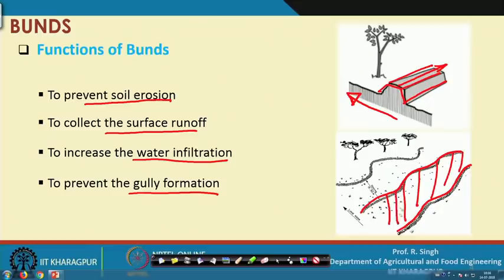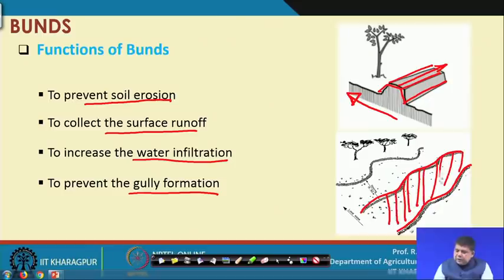If you remember the processes, these are detachment, then transportation and deposition. The second process is transportation, and for transportation we saw that overland flow causes the transportation. And here what we are doing is storing the water, whatever water is falling within this area. That is, rainfall is occurring over this area, we are storing that, and we are not allowing that to flow beyond this bund structure.